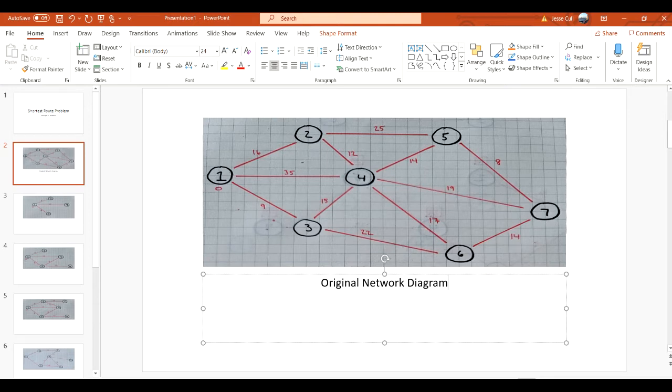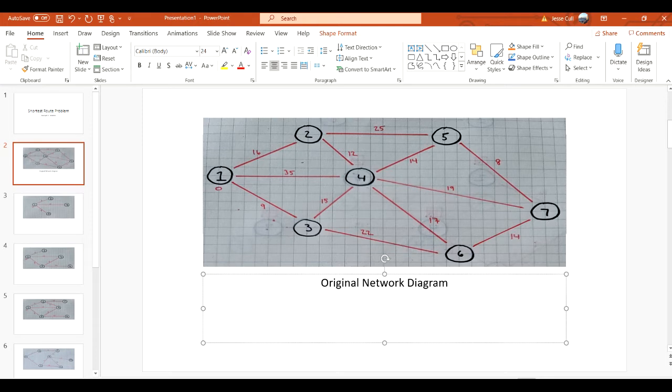They also represent the distances. The numbers above the red line represent how many hours to travel from one city to the other. 16 represents 16 hours from node 1 to node 2. 15 hours here represents 15 hours from node 3 to node 4. The city names for now are unimportant. They'll come back at the very end.